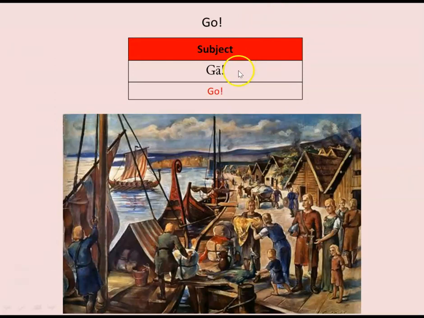Oh, I made a mistake. That should not be subject. That should be the imperative form of the verb. I missed that in the checking. That is not subject, viewers, please. That should be verb. The imperative form of go is ga. You can imagine someone shouting, ga, go. That should not be subject, that is verb. My apologies.